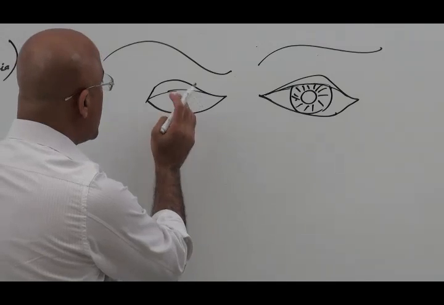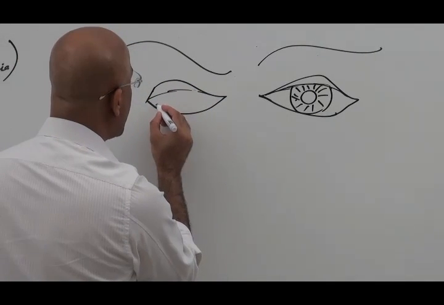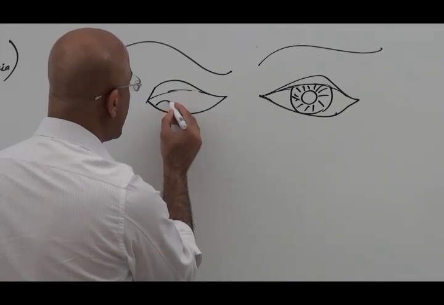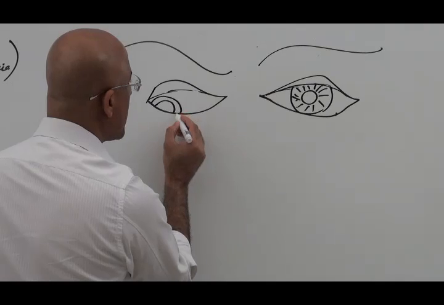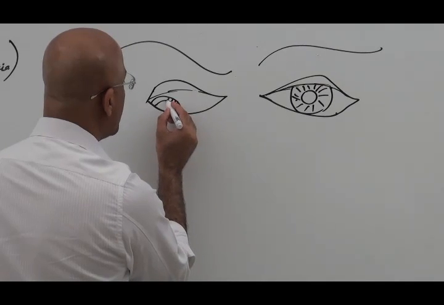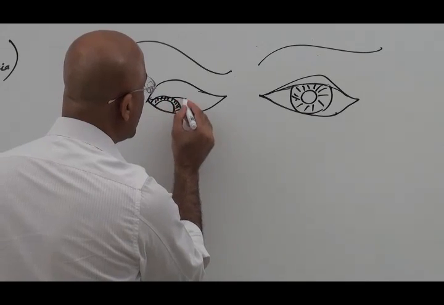Somatomotor fibers. If somatomotor fibers fail, then eye will be looking down and out, right? And with dilated pupil, which I will explain later.